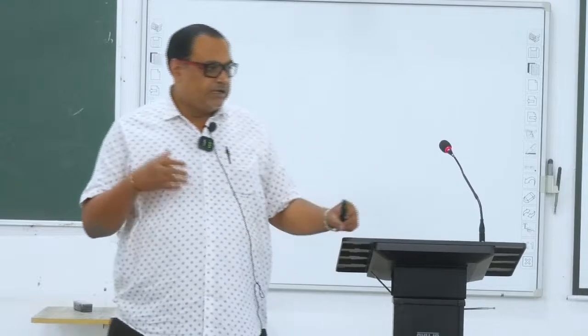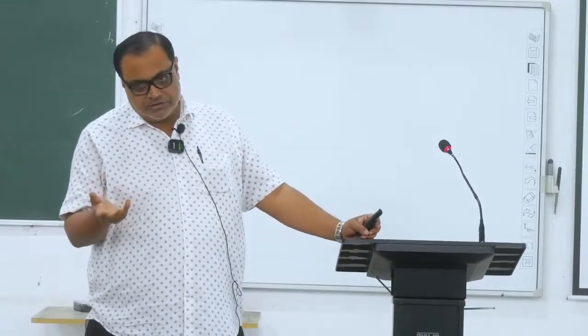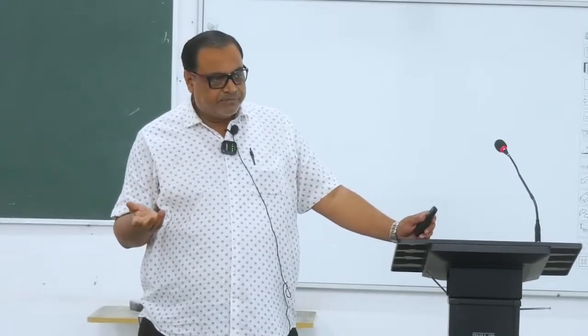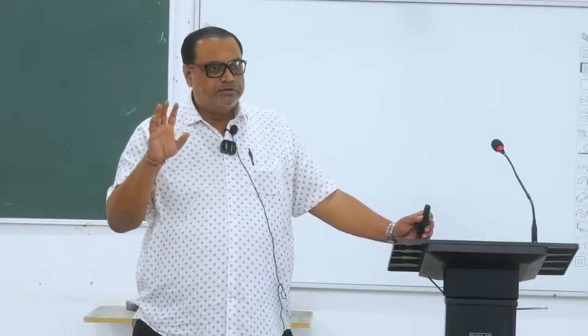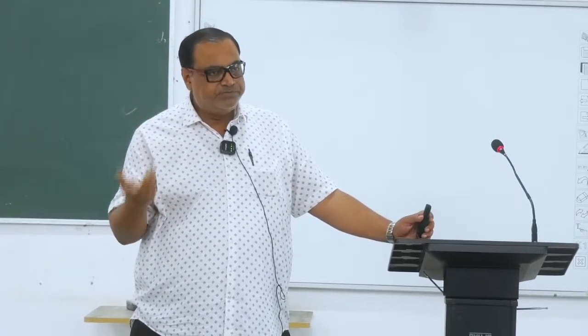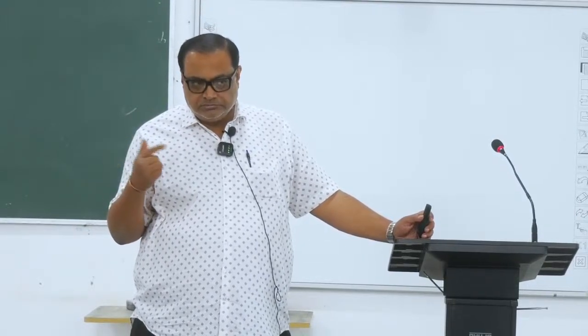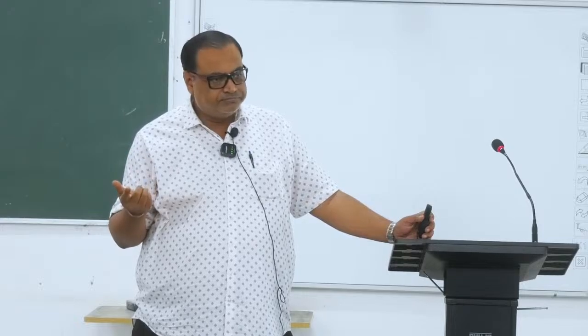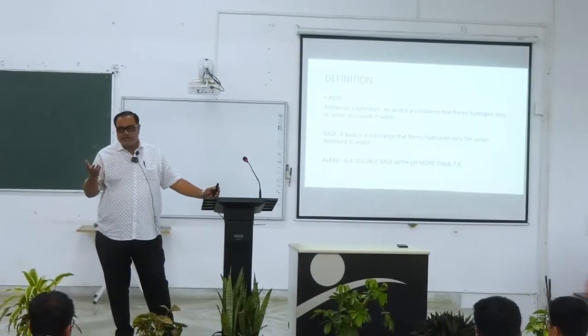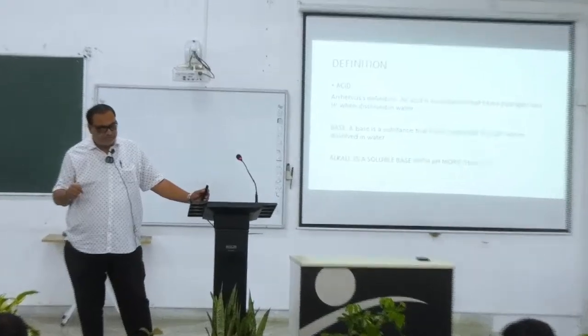How do you know whether a compound, whether a solution is acidic or basic? By a term called pH. What is pH? Negative logarithm of hydrogen concentration. So more hydrogen concentration, less the number.